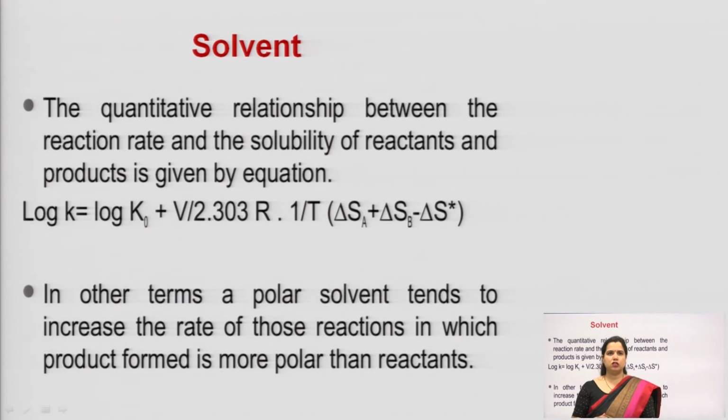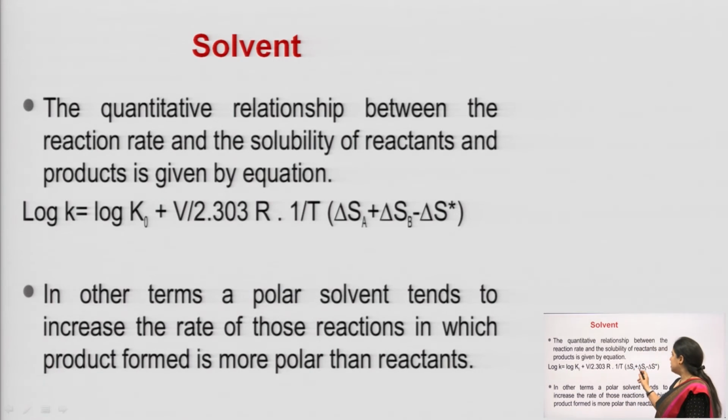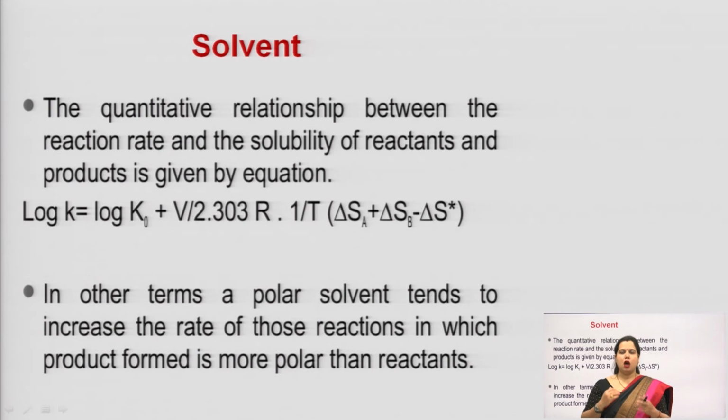This can be analyzed using this equation: log K is equal to log K naught plus V by 2.302 R dot 1 by T delta S A, S B and S asterisk. So, this is how we establish the relationship, how much of the reactants are present in the equation and how much are in solubilized form, because the unsolubilized form will not give the desired product. First the reactant must be in solubilized form to get the desired product.